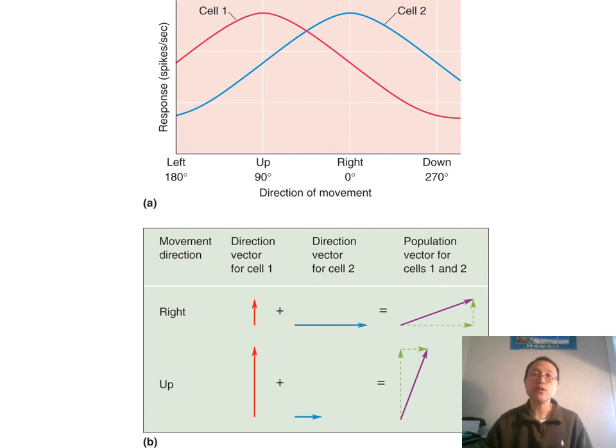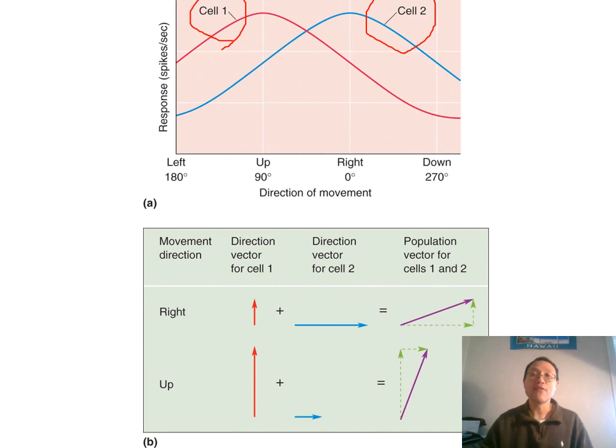Let's say they look at the activities of many cells in the primary motor cortex during a very specific movement. They can see something like this. They'll be recording cell 1 and cell 2 at the same time, and they can predict what the movement is by calculating the actual vector.